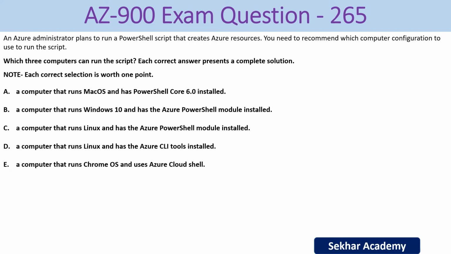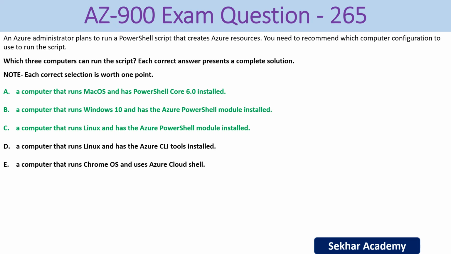Options we have: a computer that runs macOS and has PowerShell Core 6.0 installed, a computer that runs Windows 10 and has the Azure PowerShell module installed, a computer that runs Linux and has the Azure PowerShell module installed, a computer that runs Linux and has the Azure CLI tools installed, a computer that runs Chrome OS and uses the Azure Cloud Shell. The right options we have are A, B and C.